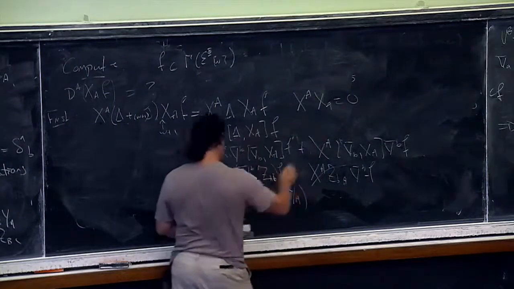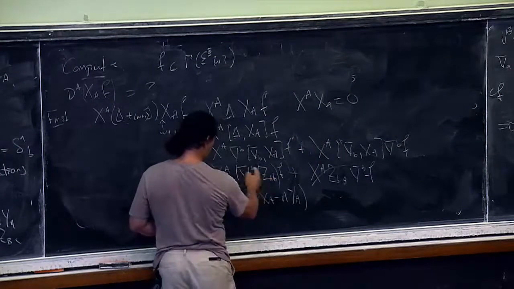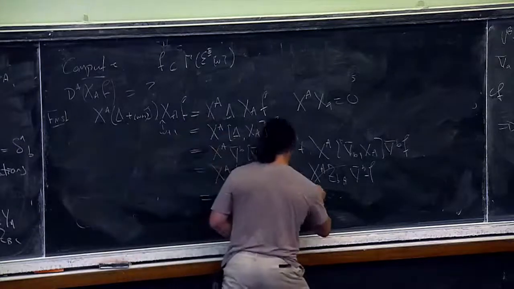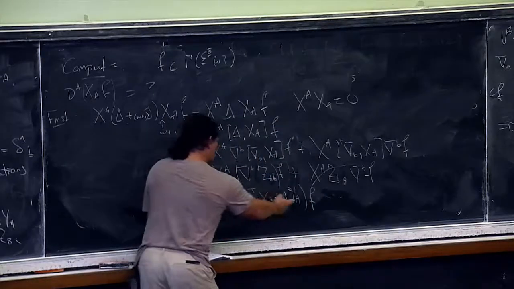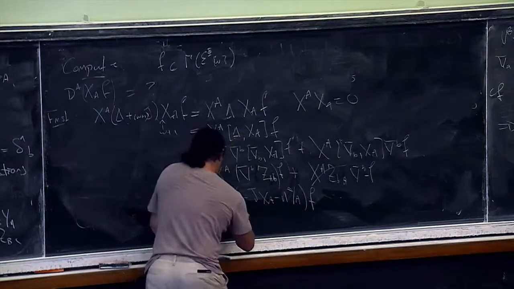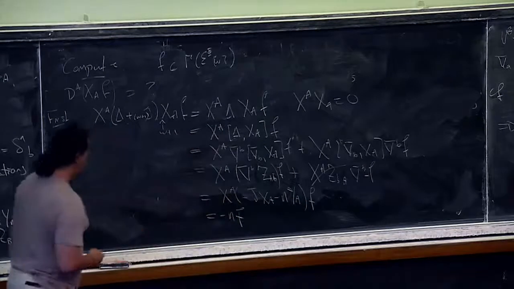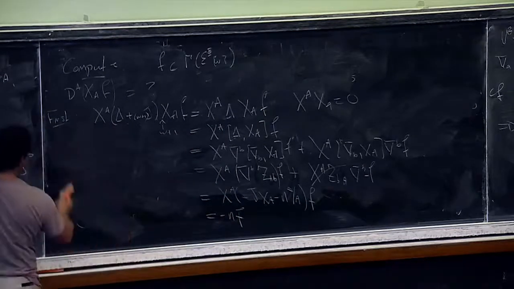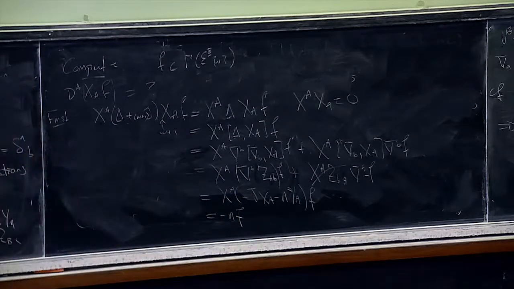I had to trace the formulae over there because I've got this contracted in. So times F, and then the X kills the X, so the only term that survives is minus N F. All right. So now I'm ready. That was my preliminary calculation.